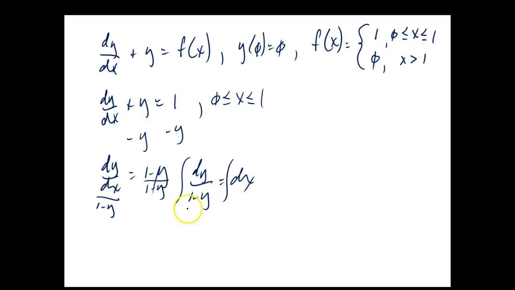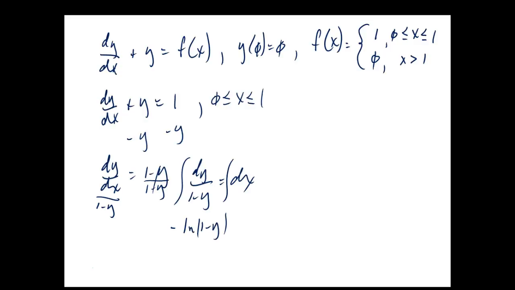Integrate both sides, and what does this give you? A log. Okay, 1 minus y, or you're going to do 1 plus y, or negative 1. Okay, I can get a negative. Because if you did the derivative of this, you get 1 over 1 minus y, chain rule after the minus.